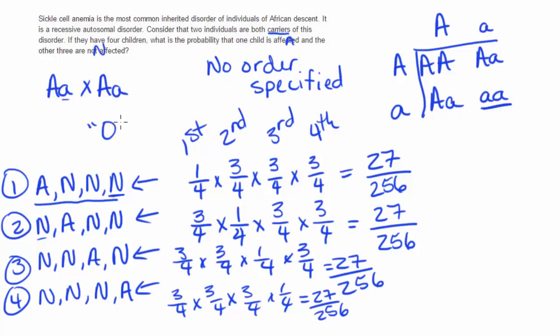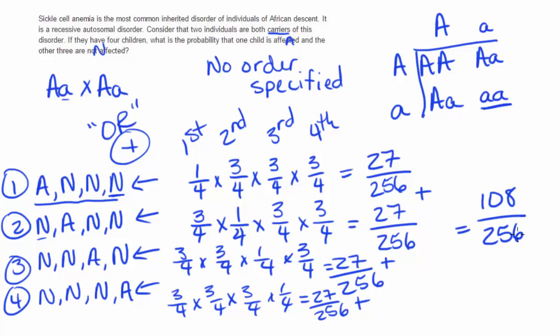And so this is the OR rule that we're going to use, which is the addition rule. So we want to use addition of these individual probabilities to come up with the overall probability. So in that case, we're going to take each one of these 27s over 256. We're going to add all 4 of them together to get an overall probability. So when we do that, we're going to get 108 over 256.